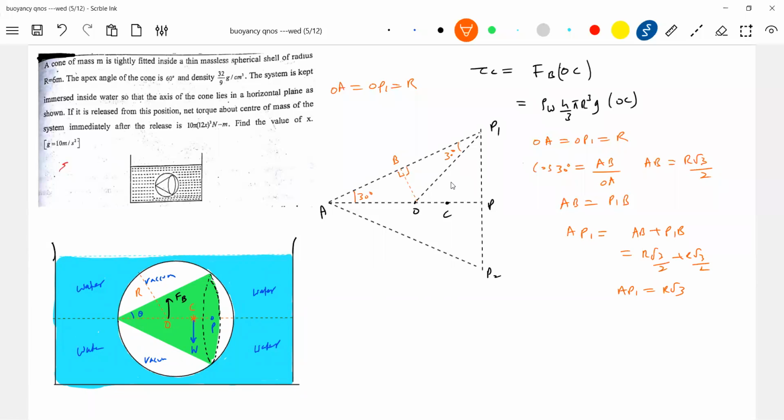So if you know that, can we calculate the height? So what is the height of the cone? Height of the cone is AP, no? Now from that triangle, cos 30 should be equal to AP by AP1. All these students are supposed to do in mathematics. Physics concept is over. Buoyancy.